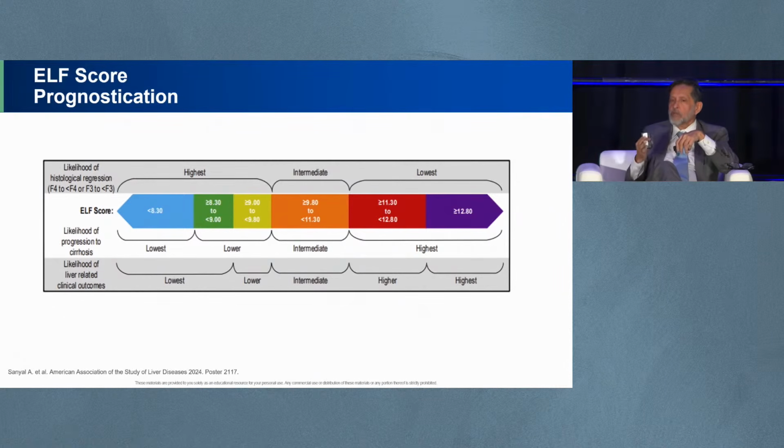But really to align with the intermediate risk, if you draw the line at 9, the likelihood of clinical outcomes below 9 is extremely, extremely low. Above 9, then it starts rising. And then, of course, above 11.3, it is elevated, but the highest is above 12.8. So there are substrata within the ELF range, you were talking about having more granular detail, that give us a more granular understanding of risk. The other thing is, that's your baseline risk, right? But then also change in risk.